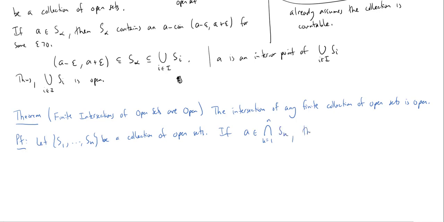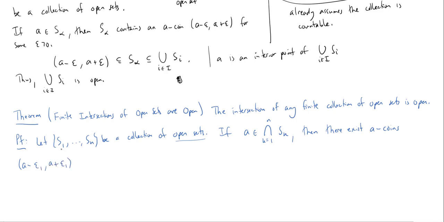Then, well, what do I know? I know that this A is an element of each of these S_k's. And each of these S_k's is an open set. So that means that each of these S_k's contains an A coin. So there exist A coins, not just one, but plural. And let's label them like A minus epsilon 1, A plus epsilon 1.